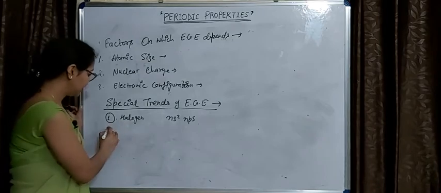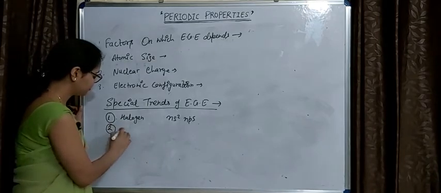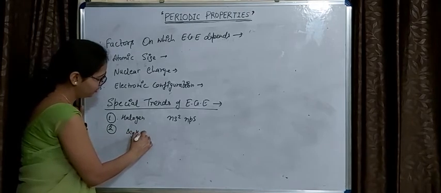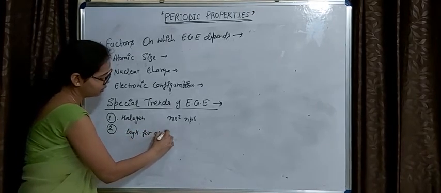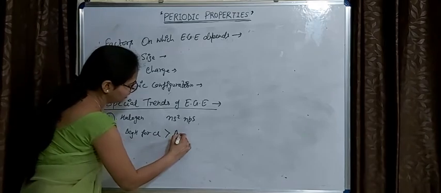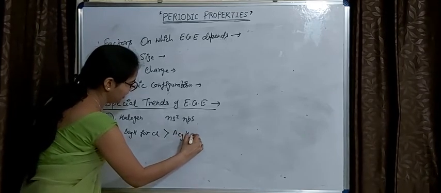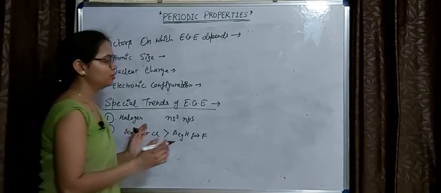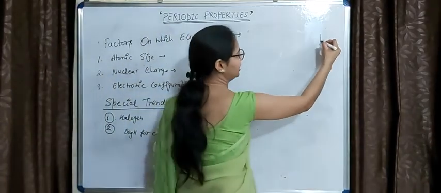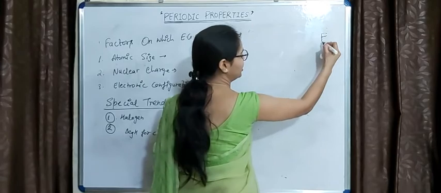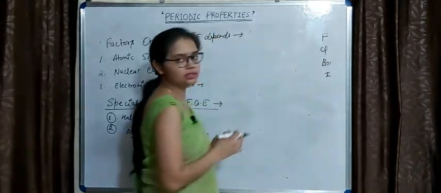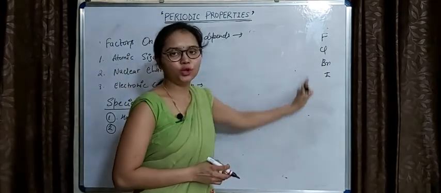Second is that ΔegH for chlorine is greater than ΔegH for fluorine. As we know, in group 17, fluorine, chlorine, bromine, iodine are present like this, so we are talking about the group.